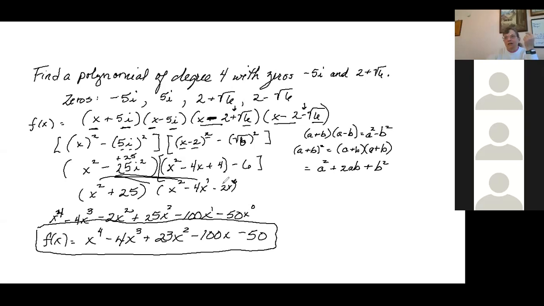If you multiply 3 terms times 3 terms, you're going to end up multiplying 3 times 3 is 9 times. All of those 9 times, you have to get the sign right, the coefficient right, and the exponent right.